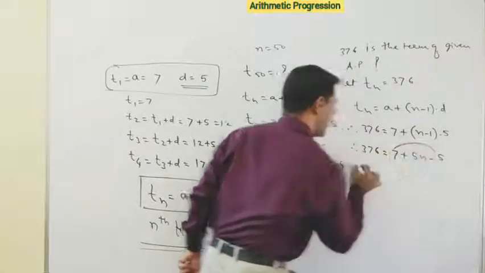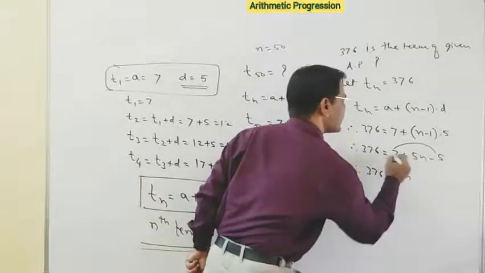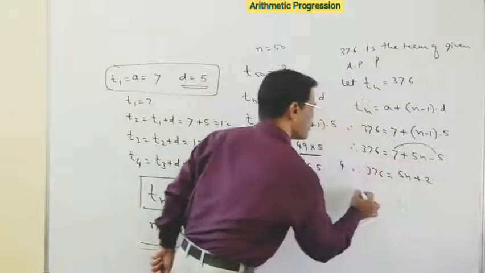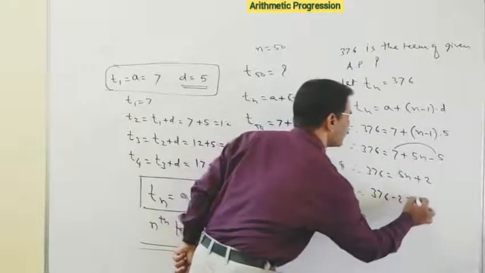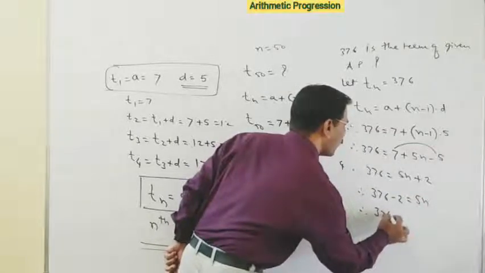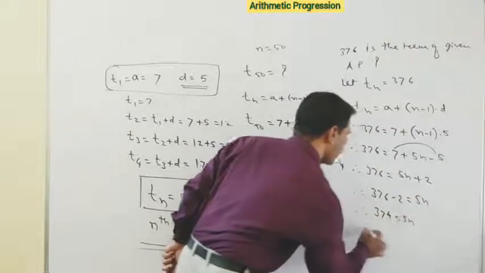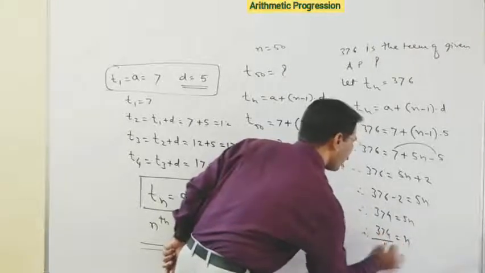Now these two, what do you get here? 376 equals 5n, and keep as it is. Here it is plus 2. So that 2 comes to this side. 376 minus 2 is 5n. So here we get 374 equals 5n. So n is equal to 374 upon 5.